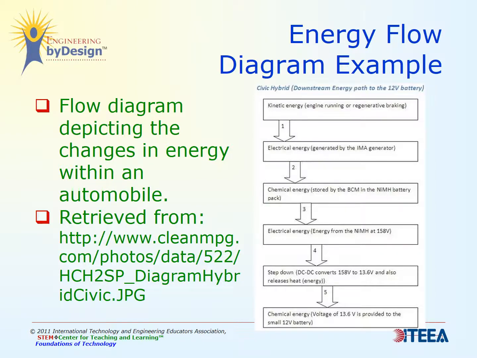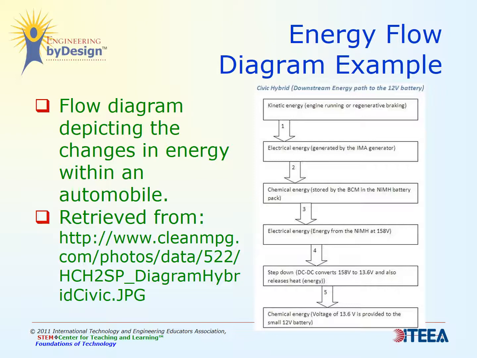You're going to have kinetic energy when the engine is running or you're braking. You're going to have electrical energy that is generated by your generator. You're going to have chemical energy, which is going to be stored in the battery, converted into electrical energy, which is energy from your battery, at 158 volts.